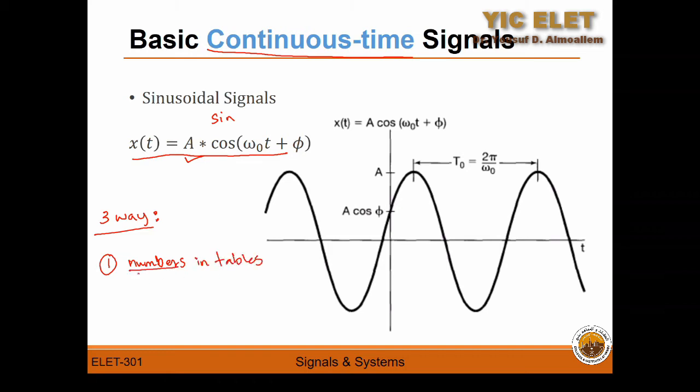The second one would be plots in figures. The third one will be expressions in functions. So these are the three ways how we express the signals, how we present a signal.